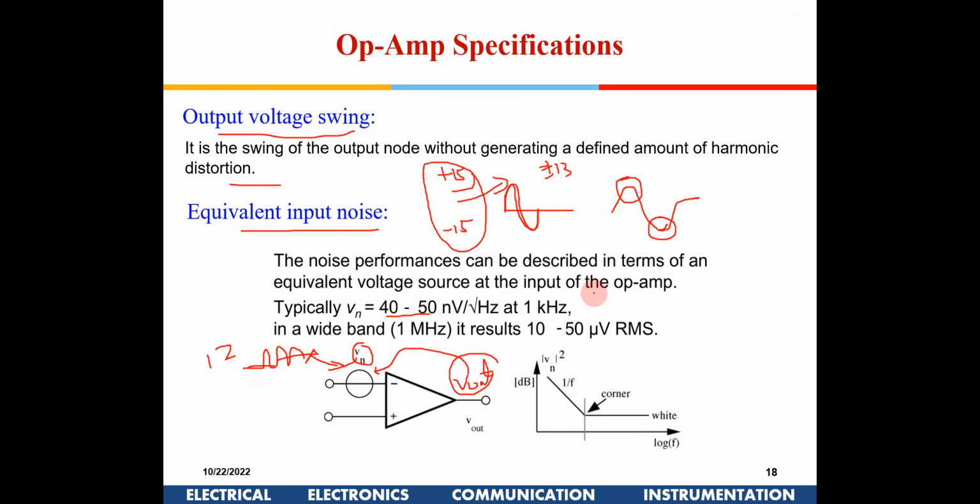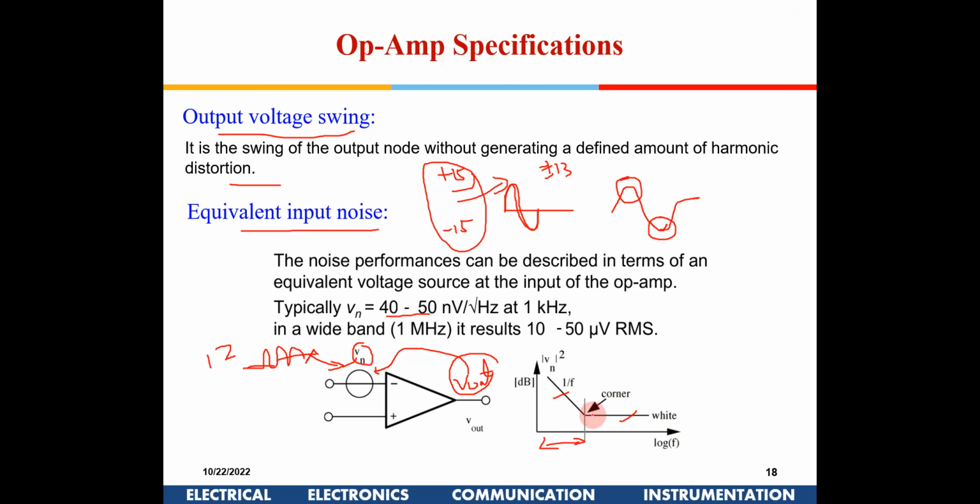Now, for low frequencies I will have large noise, and for high frequencies this will come down. In our last lecture, which will be on noise, we will see what the sources of noise in a MOSFET are and what the various kinds of noise are. For the time being, we just understand that at low frequencies the noise will be more, and then subsequently the noise becomes stable.